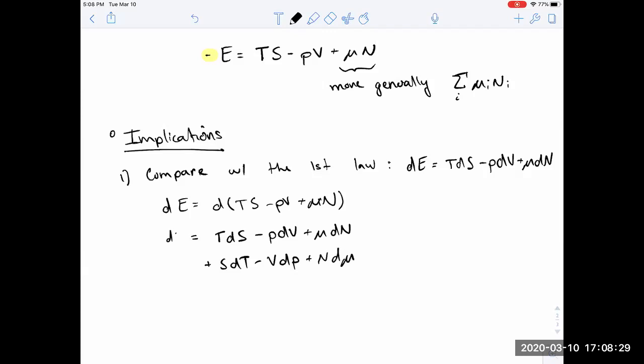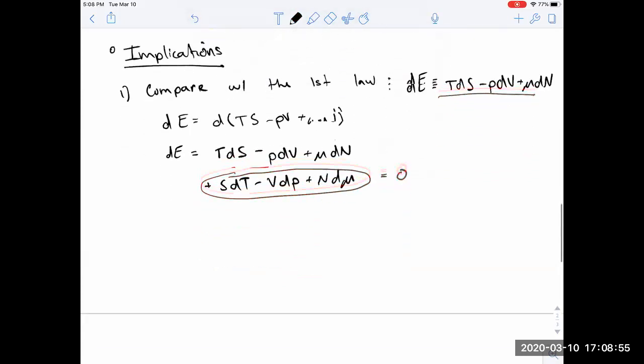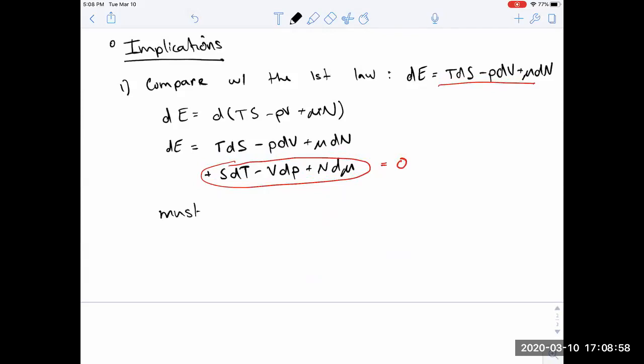So the total differential of the energy given this integrated form up here now has a lot more terms to it. But comparing to the first law over here, it must mean that all of this is equal to 0, because we know the first law was correct. So it must be that S dT minus V dP plus N d mu equals 0.